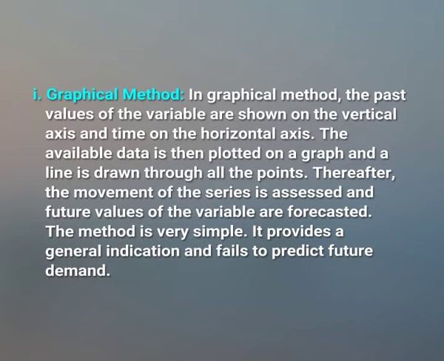In graphical method, the past values of the variable are shown on the vertical axis and time on the horizontal axis. The available data is then plotted on a graph and a line is drawn through all the points. Thereafter, the movement of the series is assessed and future values of the variable are forecasted. The method is very simple. It provides a general indication and fails to predict future demand.